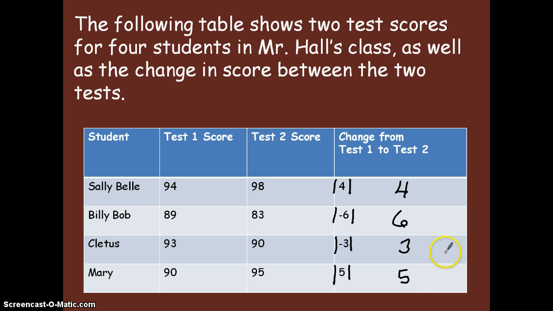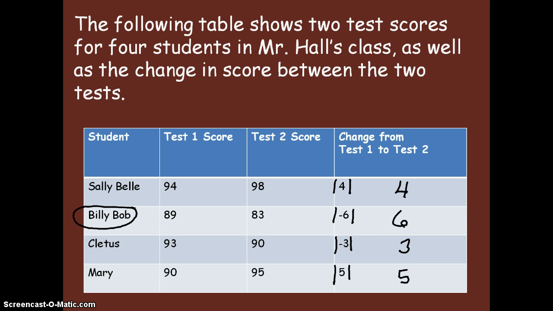Now, one of the questions that might go along with a chart like this is, who changed the most? Well, 6 is a greater value than 4, 3, and 5, so Billy Bob will have changed the most.